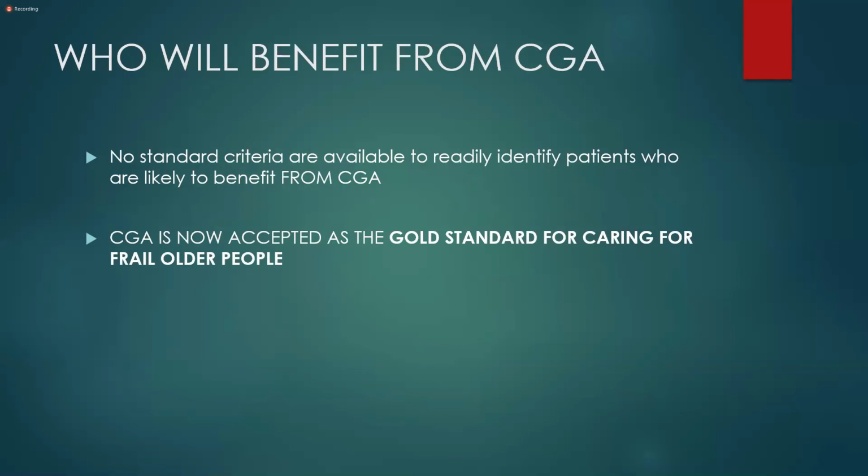So there is no standard criteria yet that is available to readily identify patients who are likely to benefit from CGA. Although may mga studies naman, pero sa ngayon, wala pa talagang standard criteria. But CGA is now accepted as the gold standard. Wala pang recommendation kung sino-sino, pero ito yung gold standard for caring for frail older people.